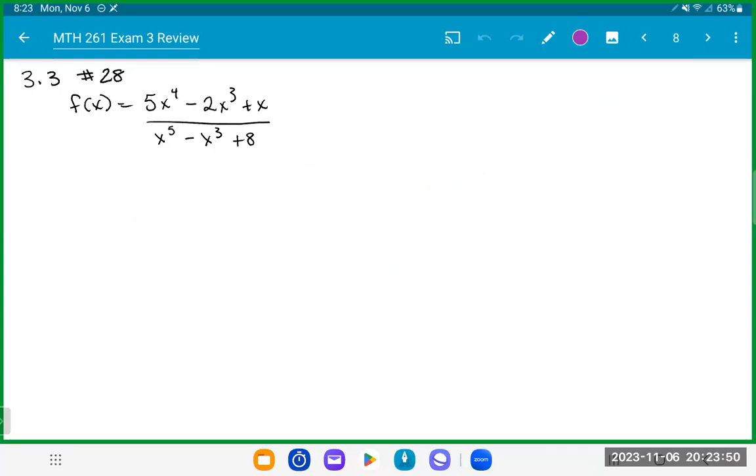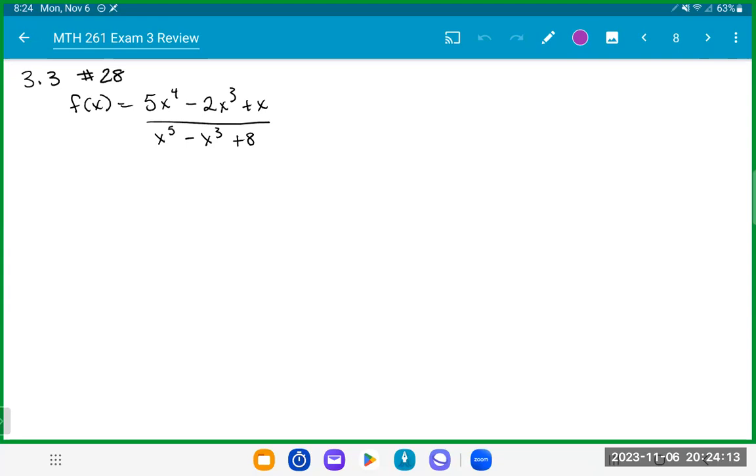Okay. This next one is going to be out of the same section. And this one, we're looking for the horizontal asymptote. Okay.